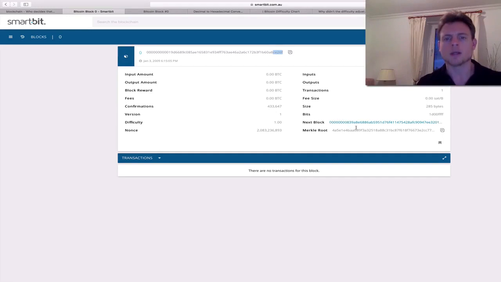But you can see this is the first ever block, and the difficulty is 1. We'll come to that next. The bits is 1D 00FFFF. I'm going to write that down on my screen in a second. But 1D 00FFFF is the bits value in hexadecimal for the first ever block. What I want to do is break down exactly how to derive the target from this bits value, because target and bits are basically interchangeable.